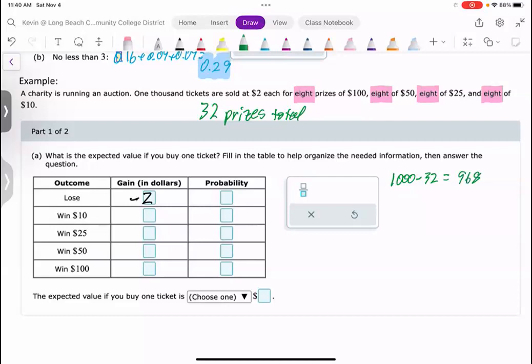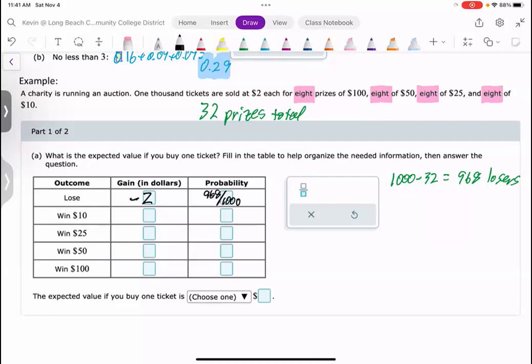This is the number of losers. So that means that I have 968 out of 1,000 chances of losing. That's really high probability that I'm going to lose.